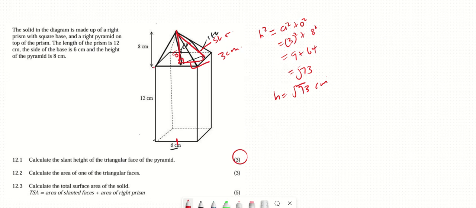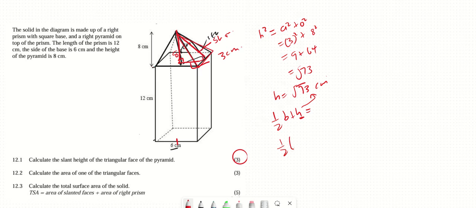Now calculate the area of one of the triangular faces. The area of one of them is 1/2 base times perpendicular height. Considering the surface, we use the slant height.